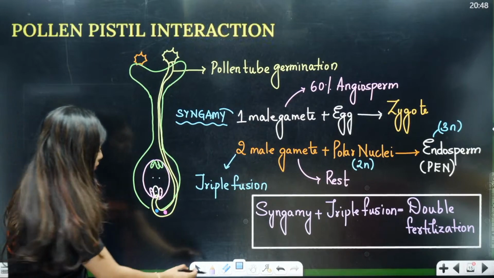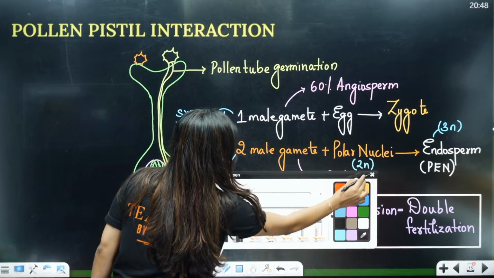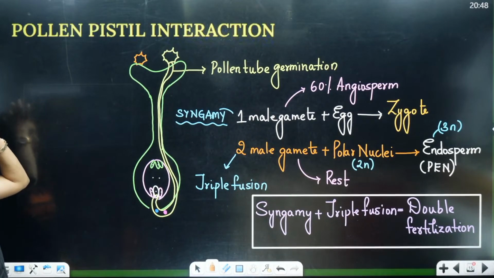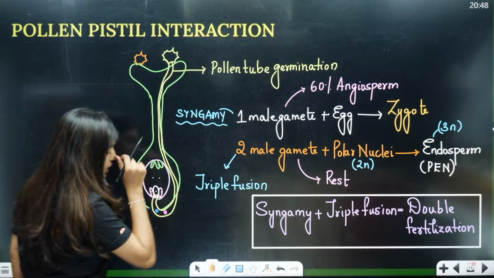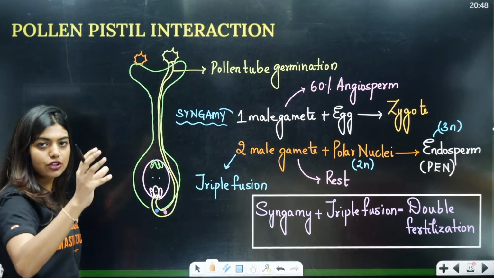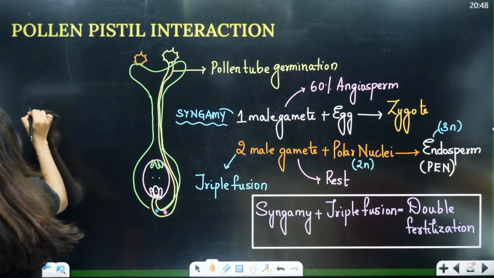Any doubts in this so far? Anything that you have, please ask me. So here you can see the tube nucleus. Okay, here the tube nucleus. Your generative cell nucleus is going to split.